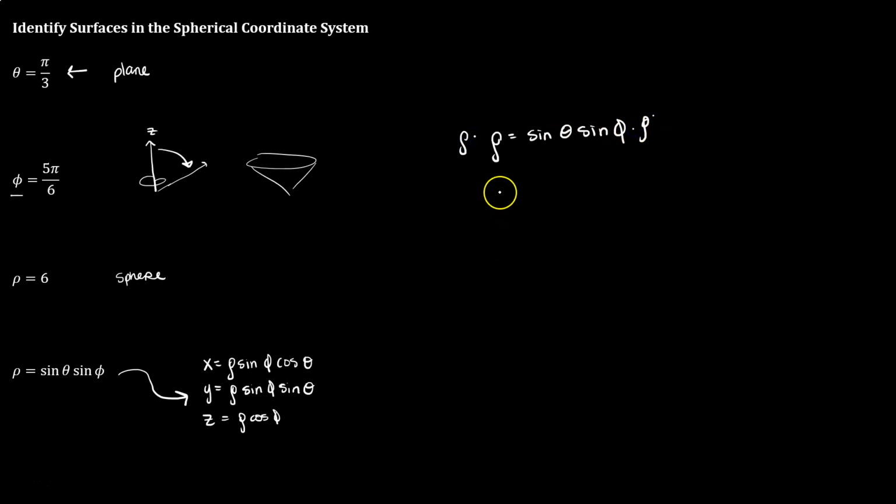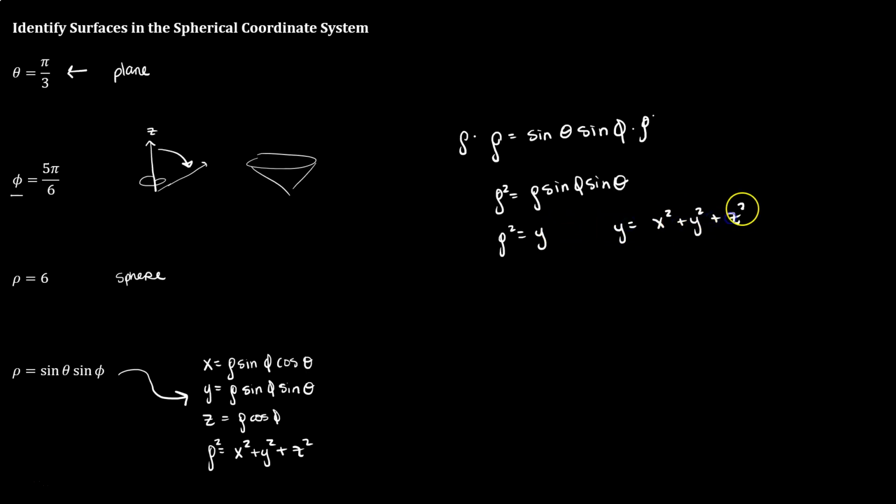So now I have rho squared on the left and rho sine phi sine theta on the right, which means we have rho squared equals y. But we're not completely in rectangular coordinates yet. We need to replace the rho squared. Remember that rho squared is equivalent to x squared plus y squared plus z squared. So really we have y equals x squared plus y squared plus z squared.